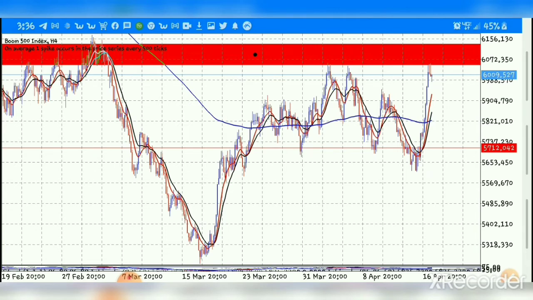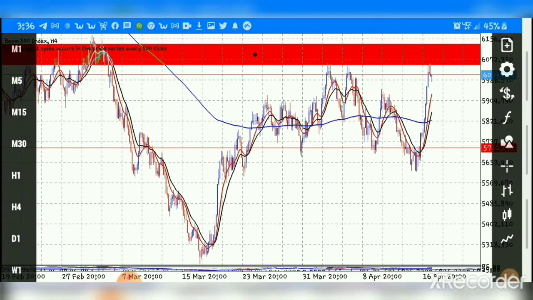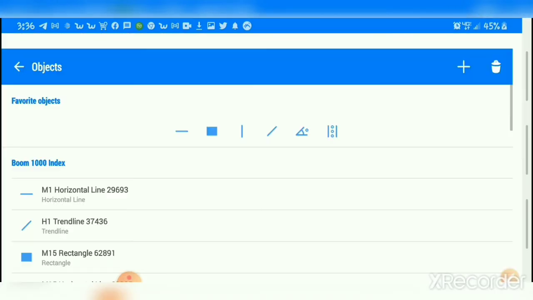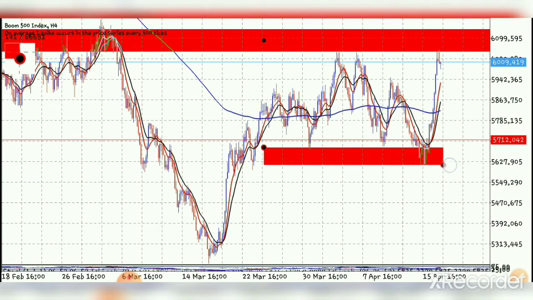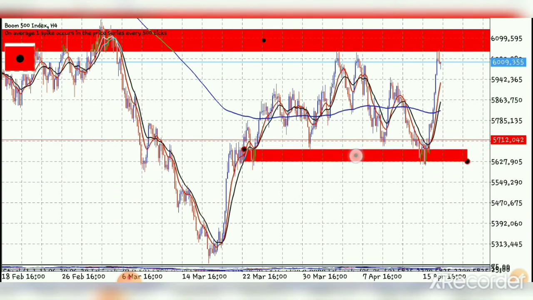So let's identify the key levels on this 4 hours time frame. Also click on this, so you draw it also. You can see this another area, a key level.